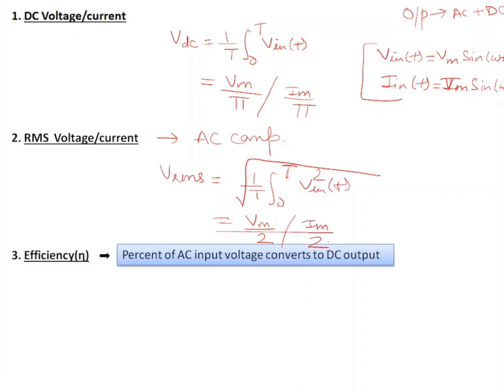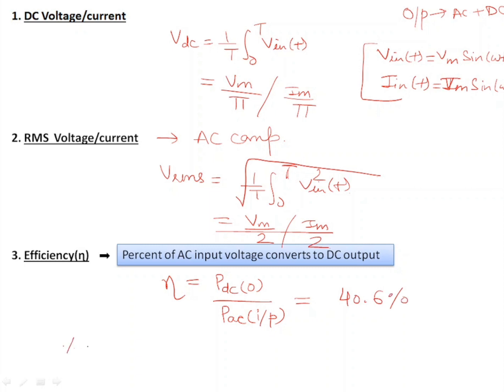Third is efficiency. When we talk about a rectifier, what is the output of the rectifier? A pulsating DC. But what is actually the desired output? Only the DC. So efficiency means how much DC component is present in the output of the rectifier. Efficiency is defined as output DC power over input AC power, and it is given as 40.6%.